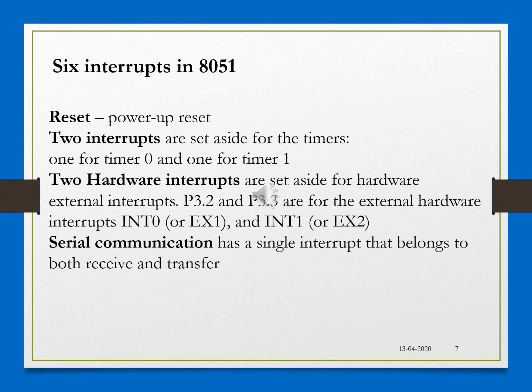There are only 5 interrupts available to the user in 8051, but many manufacturers include reset also as one of the interrupts, so that makes 6 interrupts in 8051. So what is reset? What happens whenever the reset pin is activated?